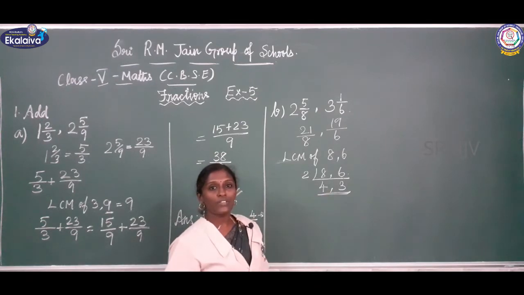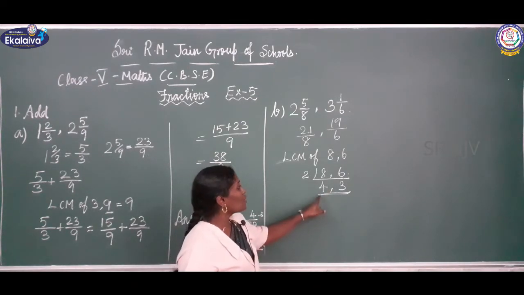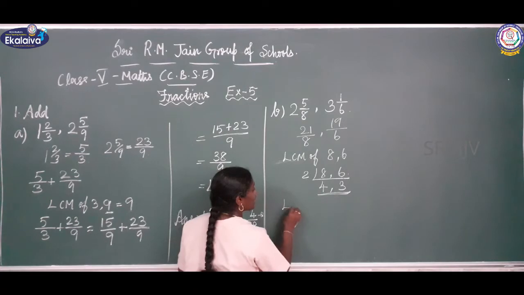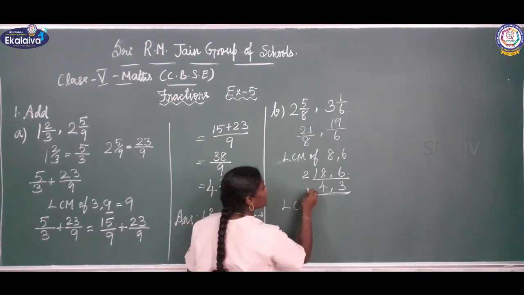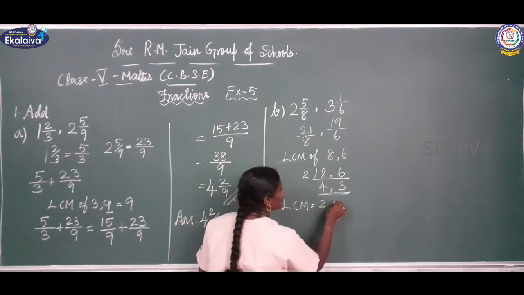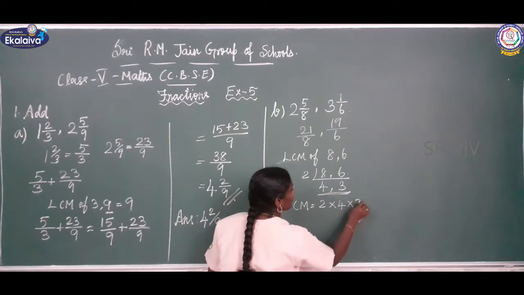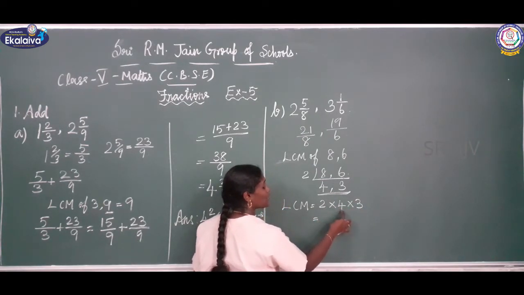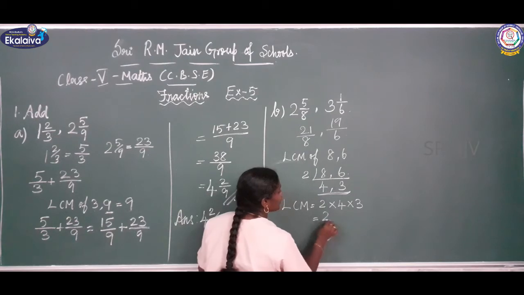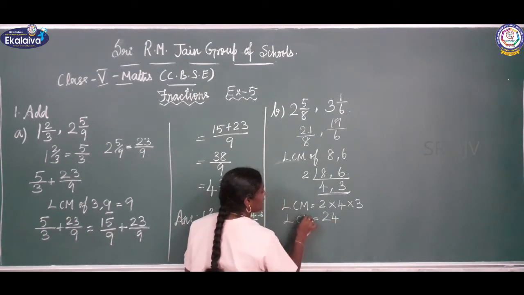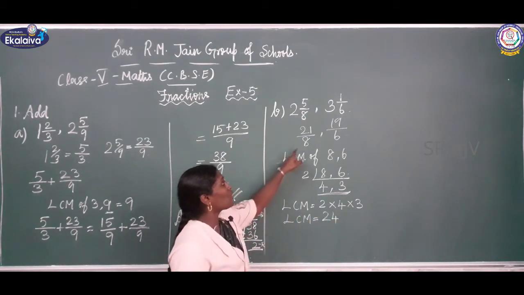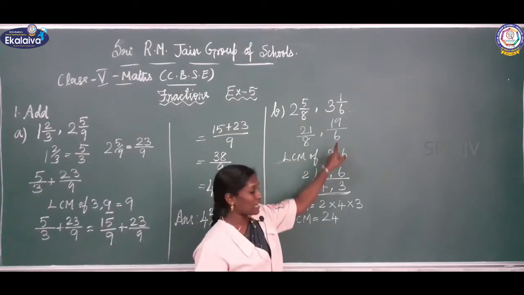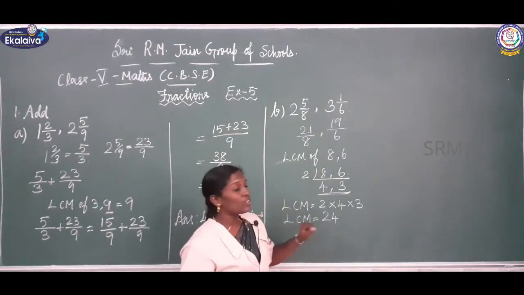These two numbers have only 1 as the common factor. So we can stop here. To find the LCM, we have to multiply all the numbers. 2 into 4 into 3. Here 2 4s are 8, 8 3s are 24. So LCM is 24.